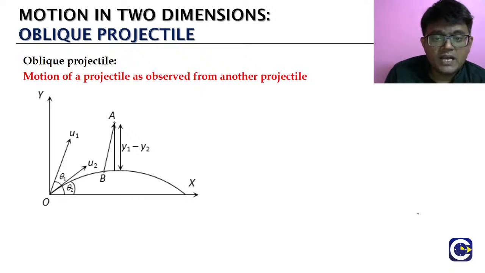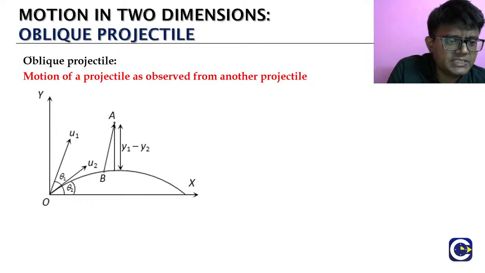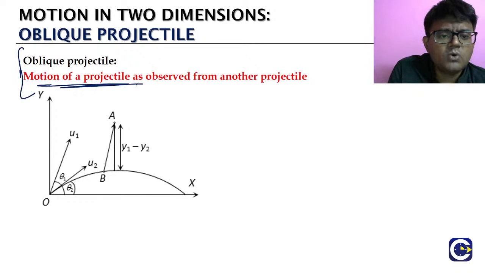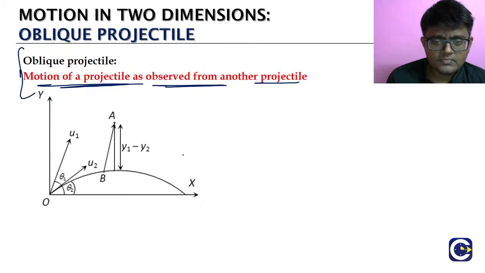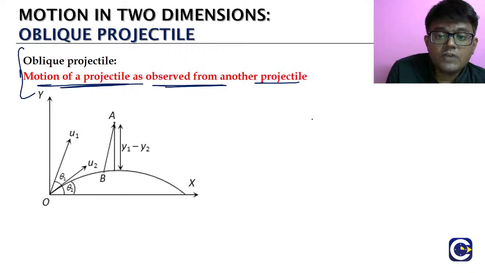Okay. And the last concept is, this is the question I think that has come in one of the AIIMS examination. If you look at the motion of a projectile from another projectile, இதுல என்ன தெரியுமா, look at it. If you have first projectile, அதுக்கு what is the x coordinate value?